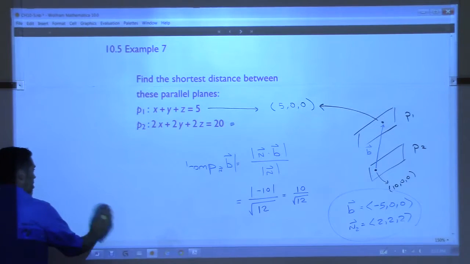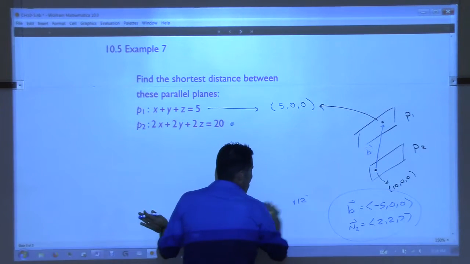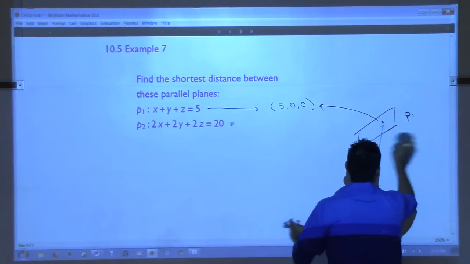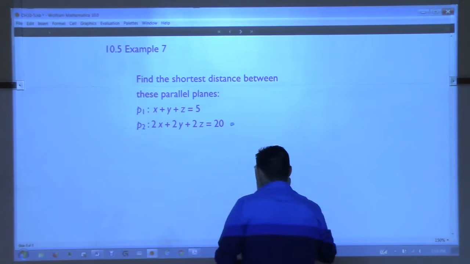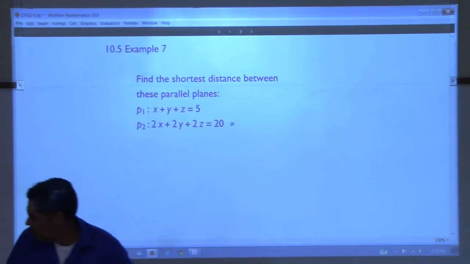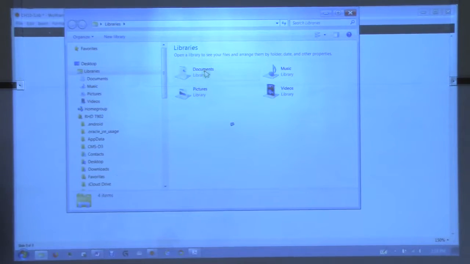Now, there are some really tough problems that we can do now that I'd like to present to you here. There's a few of these in your homework. Let me bring them up real quick. Might be able to get to them faster this way.